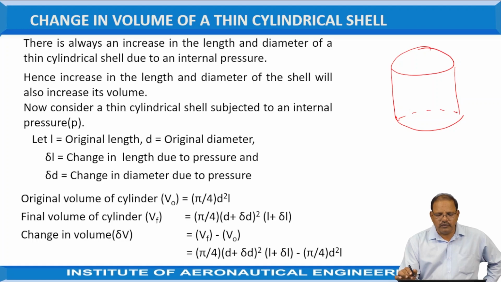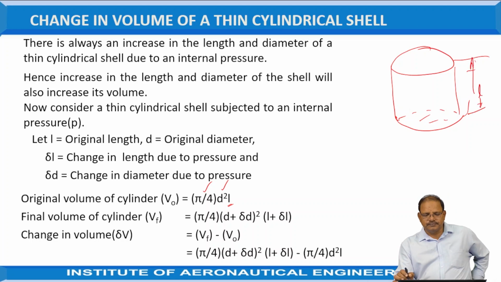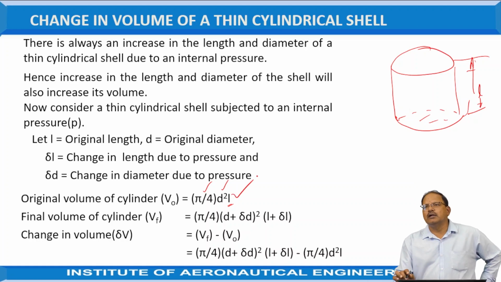Now the original volume is the cross-sectional area multiplied by the length, which is pi by 4 D square into L, where L is the length of the cylinder.